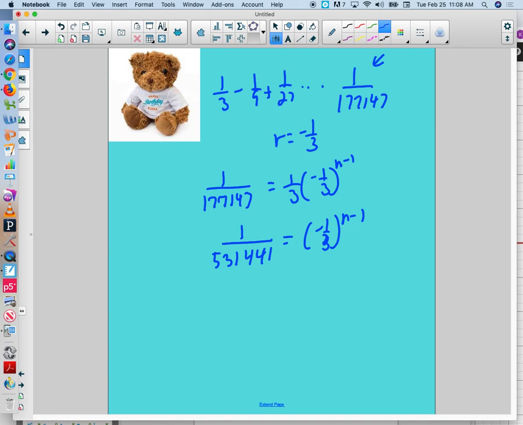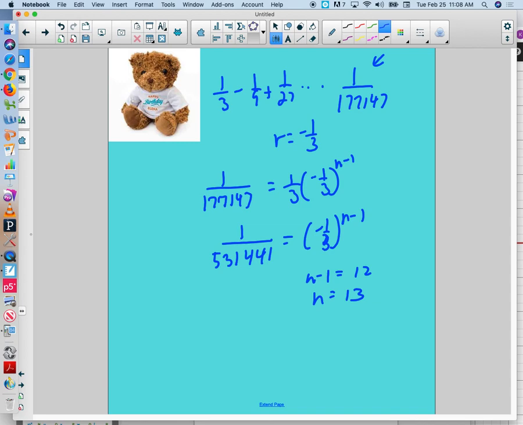Oh, I'm sorry, we really need I just do 3. 3 to the 10 is 59,049. 3 to the 12 is that number. So now you know that n minus 1 is 12, and so n is 13, which I didn't think it was.